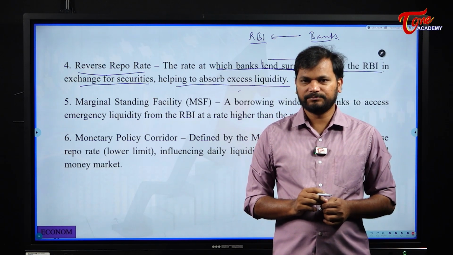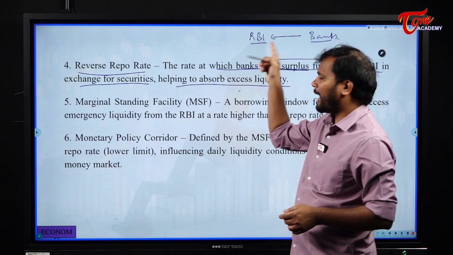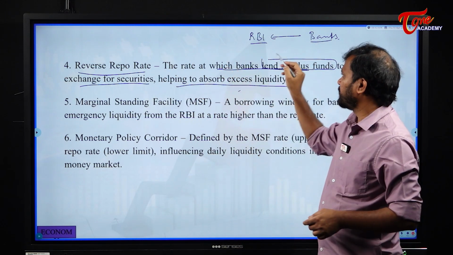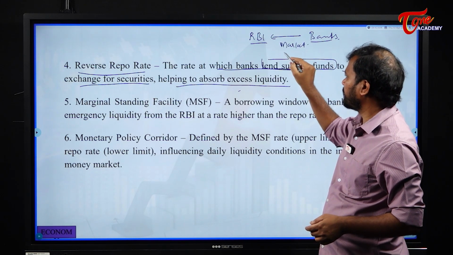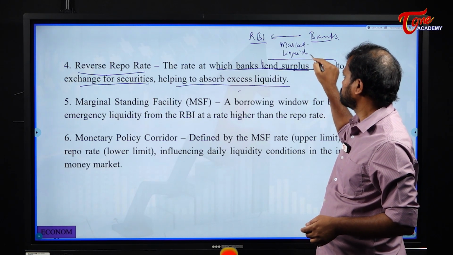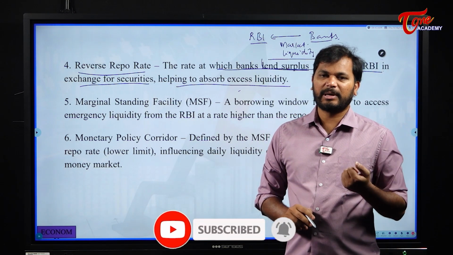See, for example, there is a RBI. Now, banks lending to RBI means that the excess liquidity in the market is taken out by RBI. The excess liquidity in the banks is squeezed by the RBI.